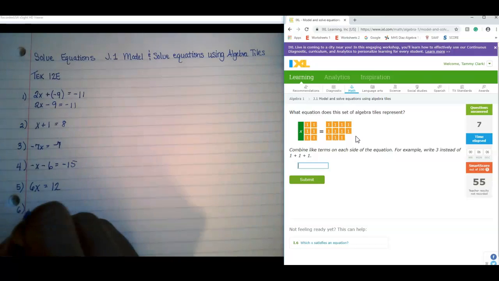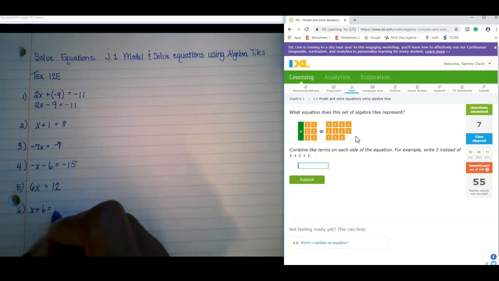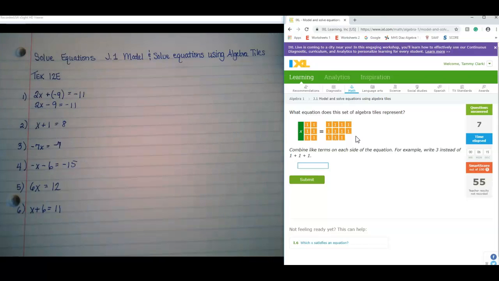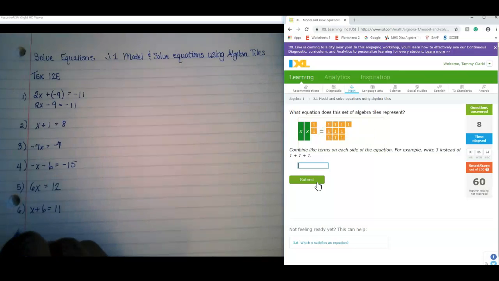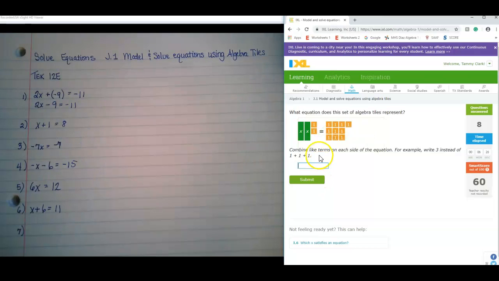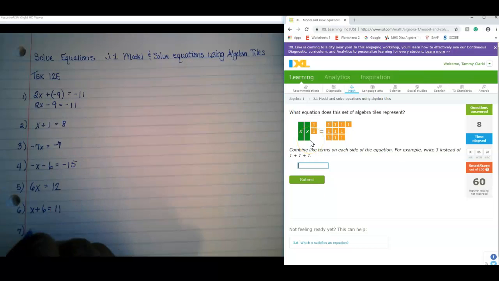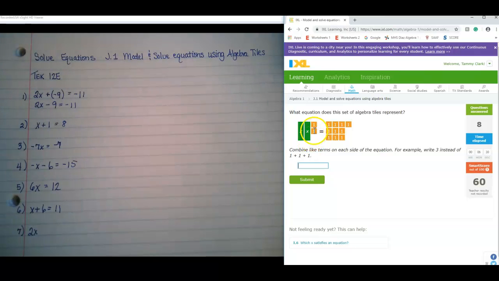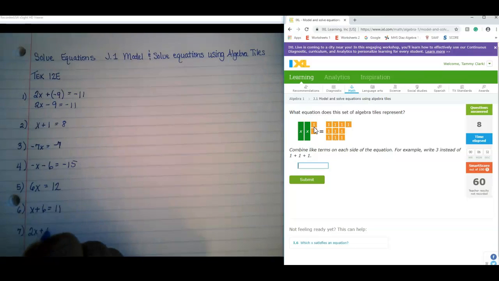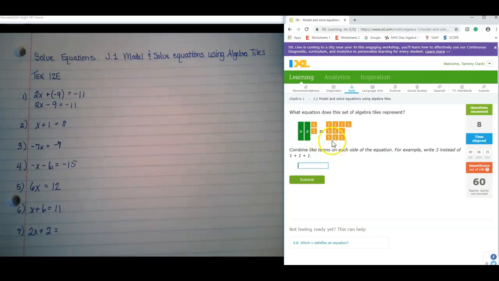Number 6, we've got 1 positive x plus 6 equals 3, 6, 9, 11. Number 7, well, we've got 2 positive x's here, plus 2 is equal to 9, 10.